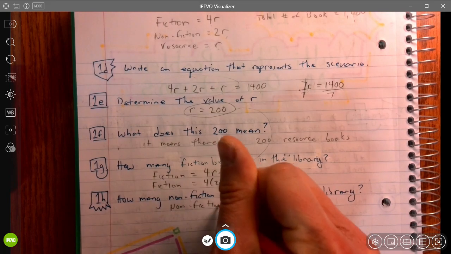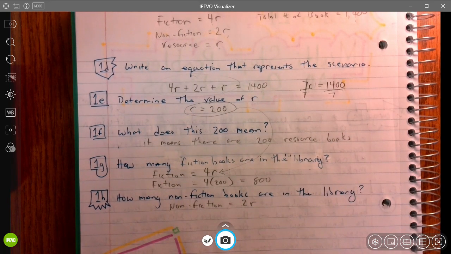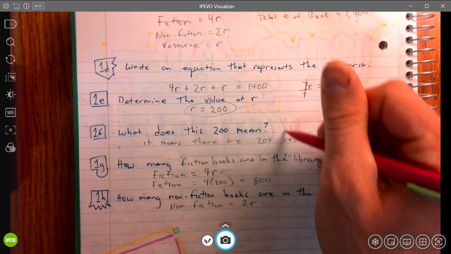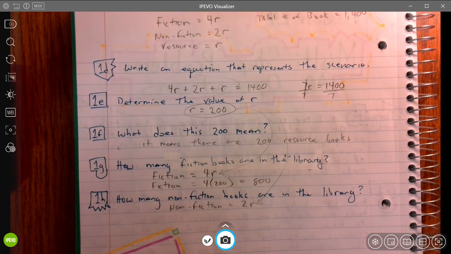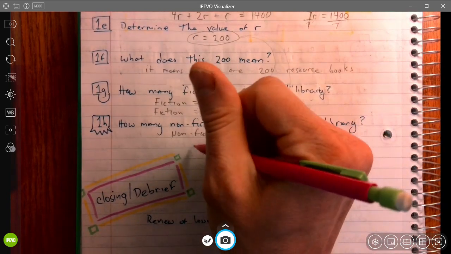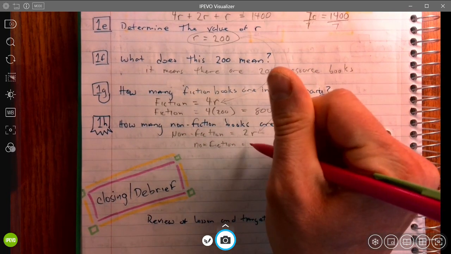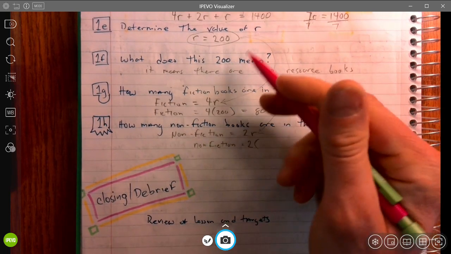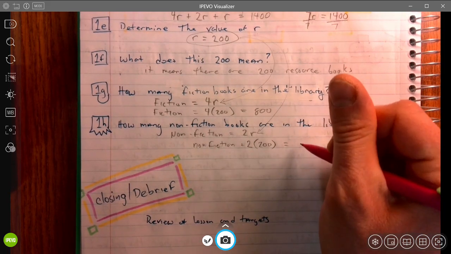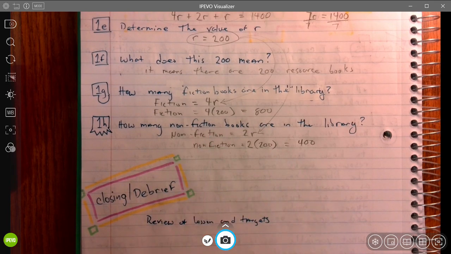The amount of nonfiction books is equal to 2 times R. Now I know that R is equal to 200, so again, I'm just going to plug that 200 in for R. Okay, so nonfiction is equal to 2 times 200. Well, 2 times 200 is 400. So I know that there are 400 nonfiction books in the library.